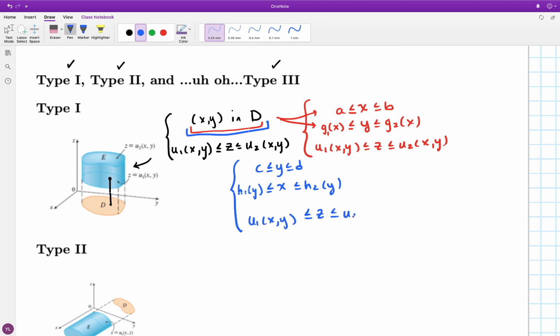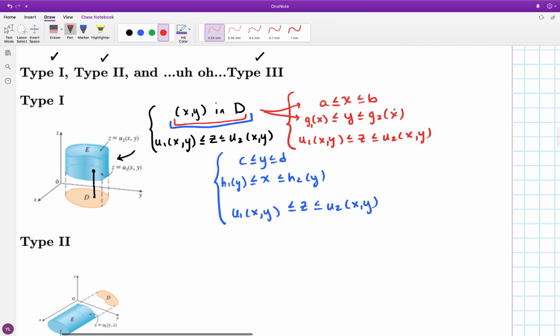Let me say something about what the triple integral would look like in either of these cases. So if I had a type 1 region expressed in this way, then this is the order of the iterated integral that I would compute. On the very outside, I would have the x's ranging from a to b, and the y's ranging from these functions g1 to g2. That's just as the normal double integral is set up.